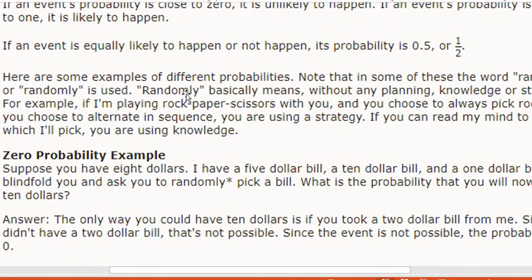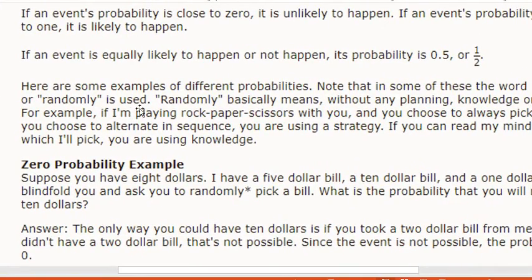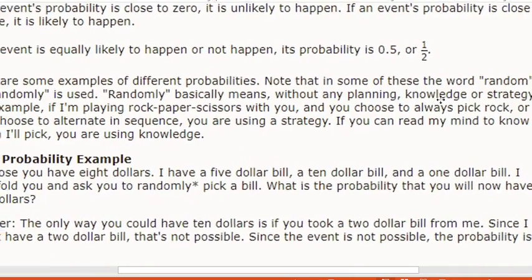Here are some examples of different probabilities. Note that in some of these, the word random or randomly is used. Randomly means without any planning, knowledge, or strategy.